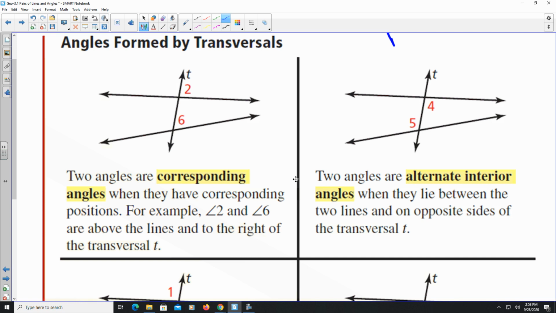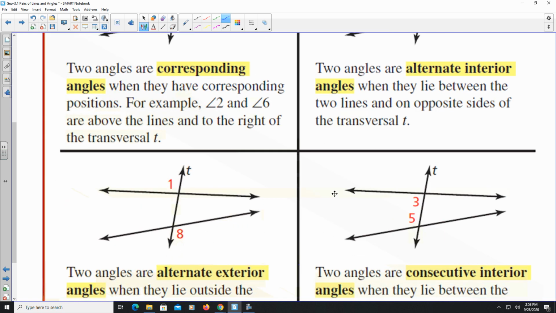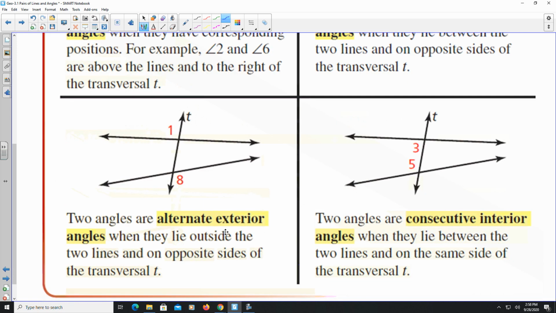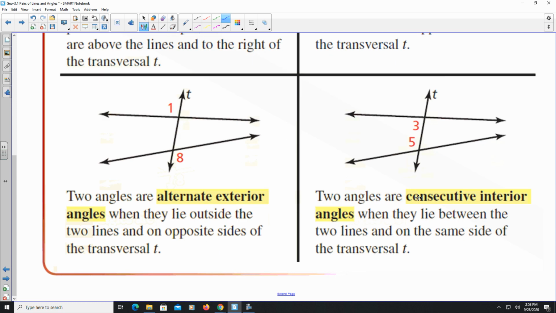If you look inside the transversals and you have alternating interior angles, like 4 and 5, those are alternate interior angles. Same idea, you have alternating exterior angles like 1 and 8, and then finally you have consecutive interior angles like 3 and 5.